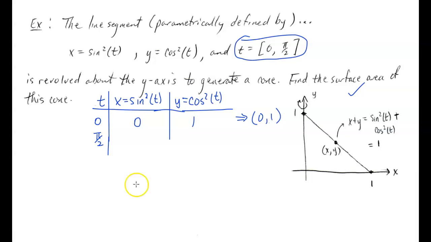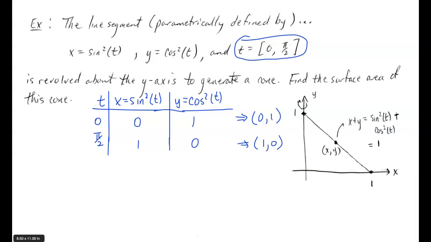Now, we also see here that we have pi over 2. And so sine of pi over 2 is 1, and of course, 1 squared is 1. And cosine of pi over 2 is 0, and of course, 0 squared is 0. So this tells us that we have a point (1, 0) on our graph.